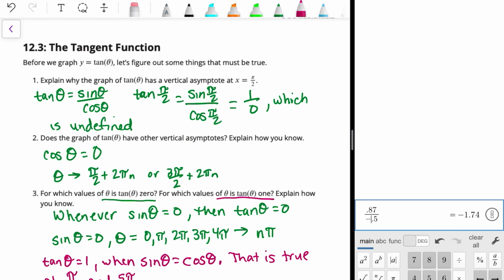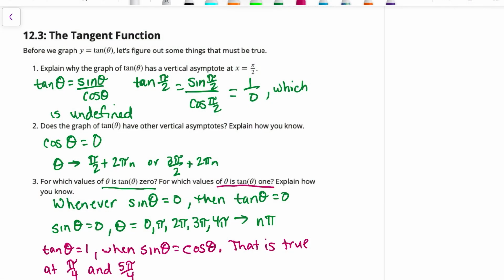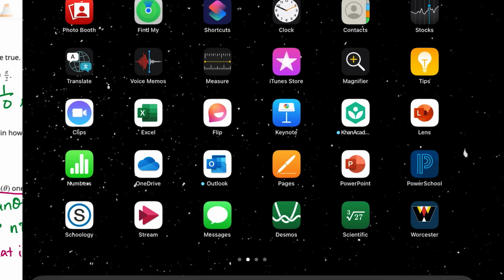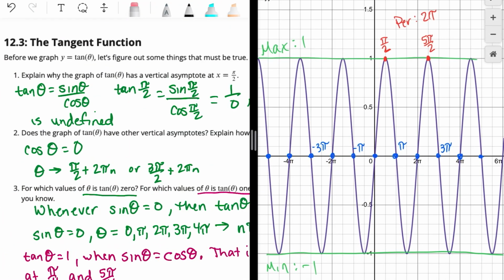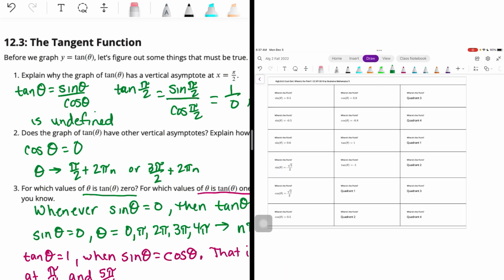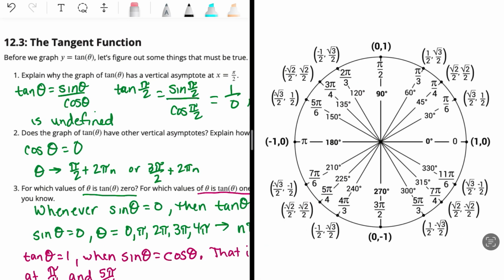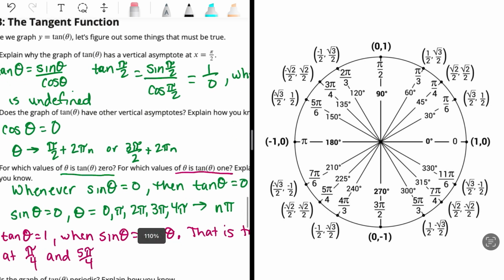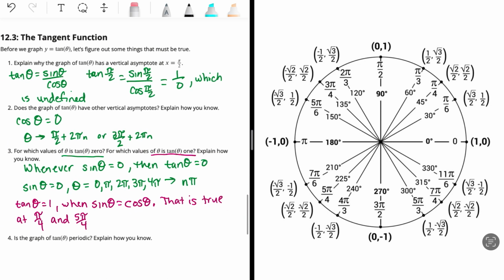Because if we look at our unit circle, we have the same values here at pi over 4, not over here at 3 pi over 4 because one's positive, one's negative, and not at 7 pi over 4 because, again, different signs. But here we have both negative, so 5 pi over 4 is also the case.